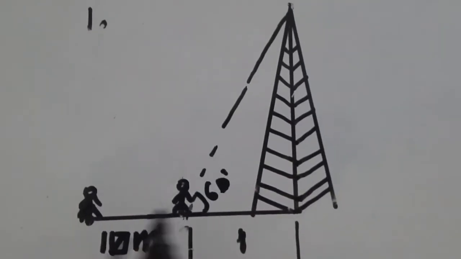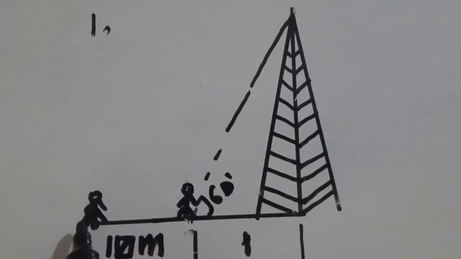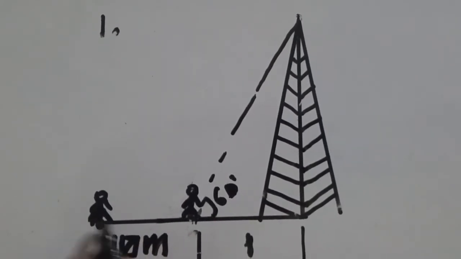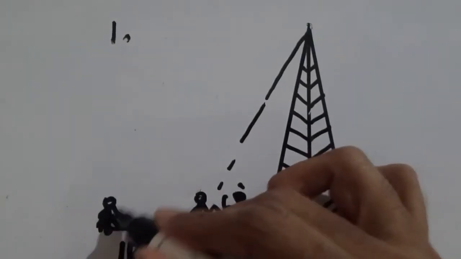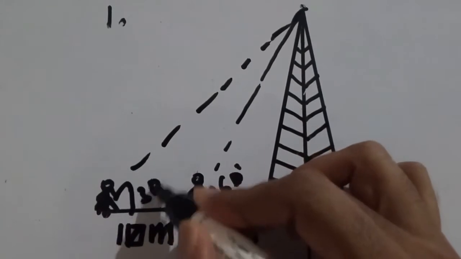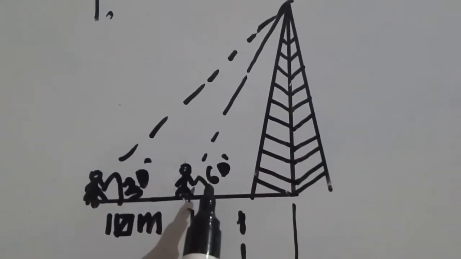Again he moves 10 meters away from here, and from there he will get an angle of 30 degrees.